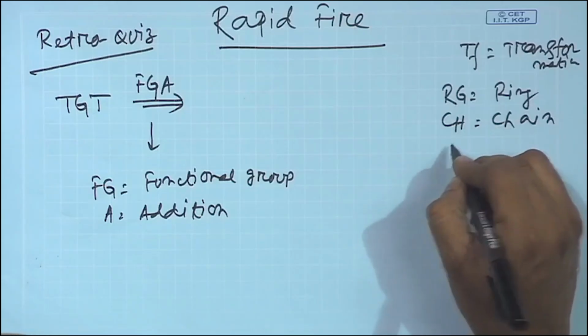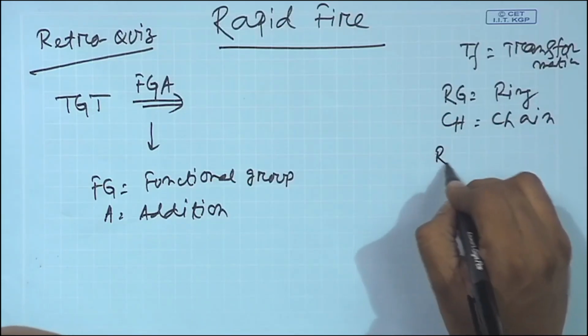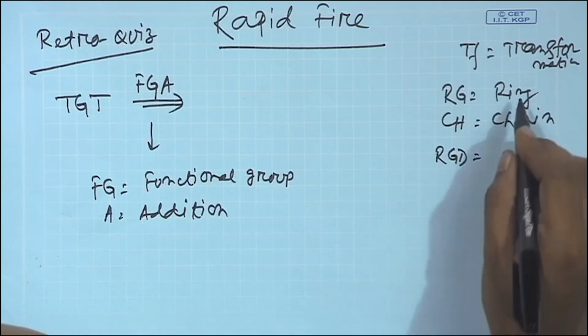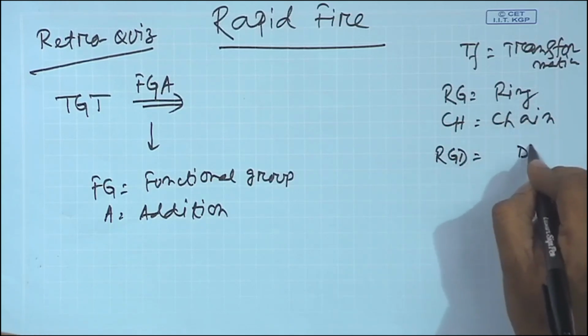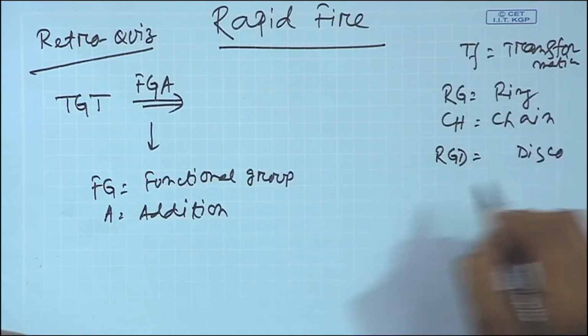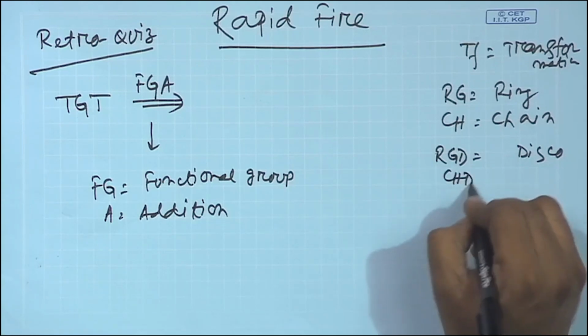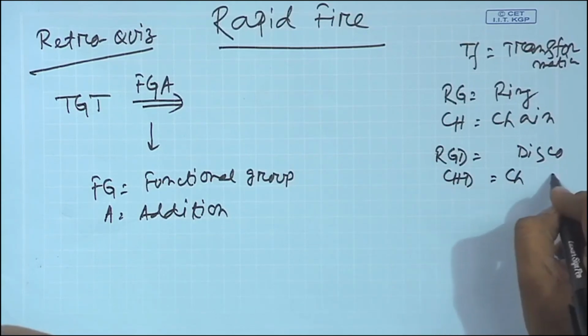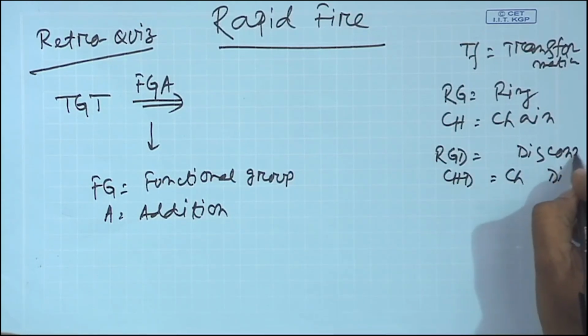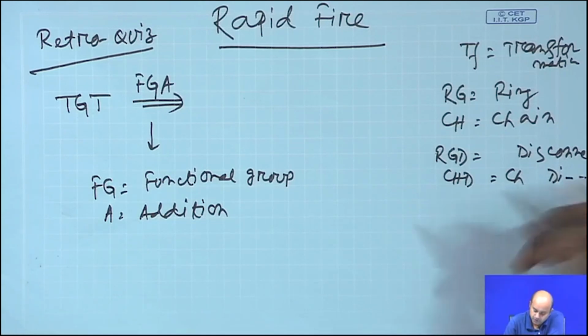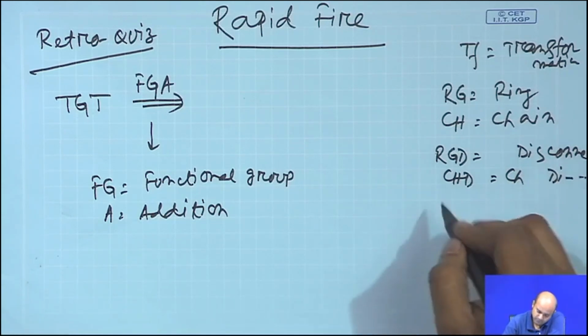If you say RGD, that stands for ring disconnection, D stands for disconnection. If you have CHD, that is chain disconnection.